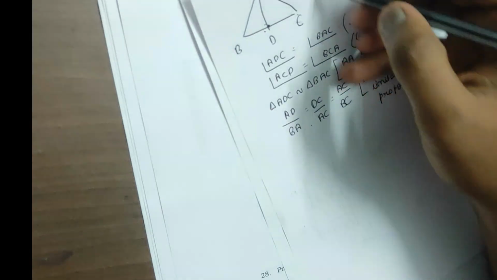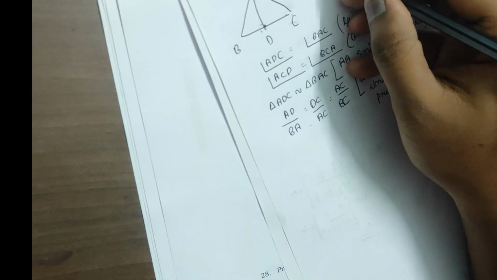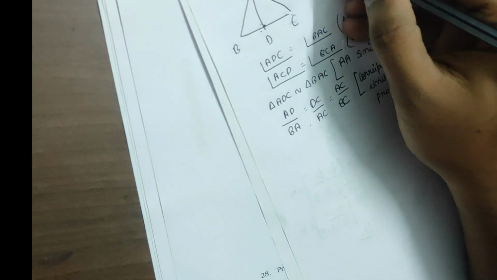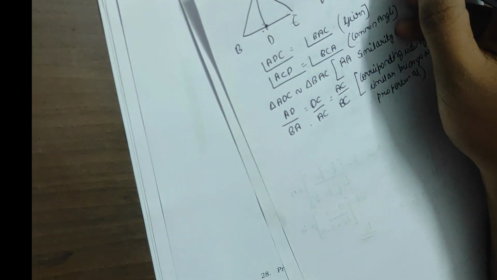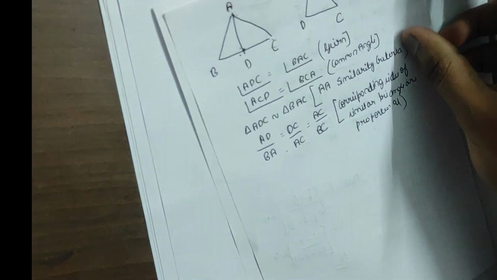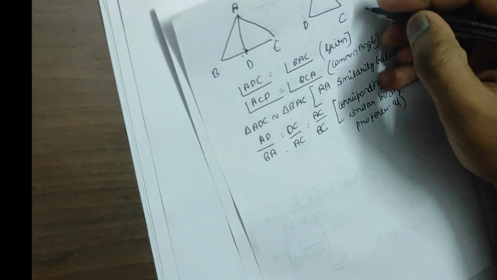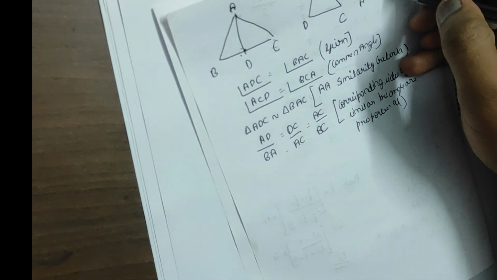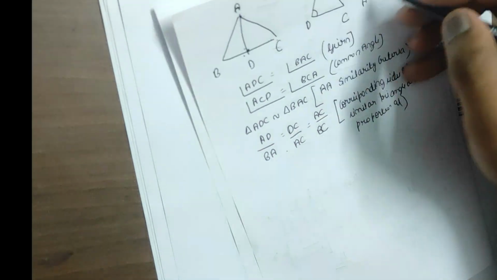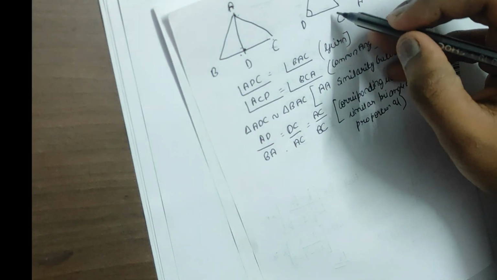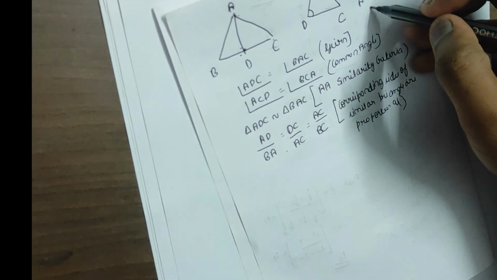To make it clear, I will draw these two triangles as separate. ADC and BAC. They are given as angle ADC is equal to angle BAC. ACD and BCA are equal.